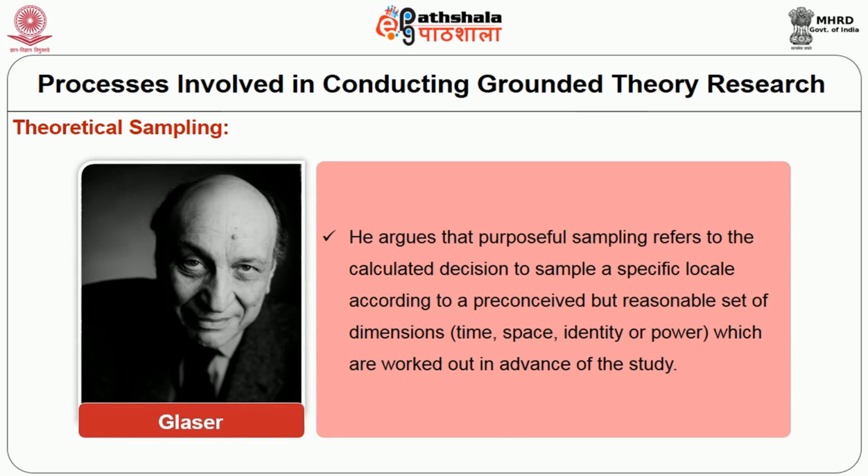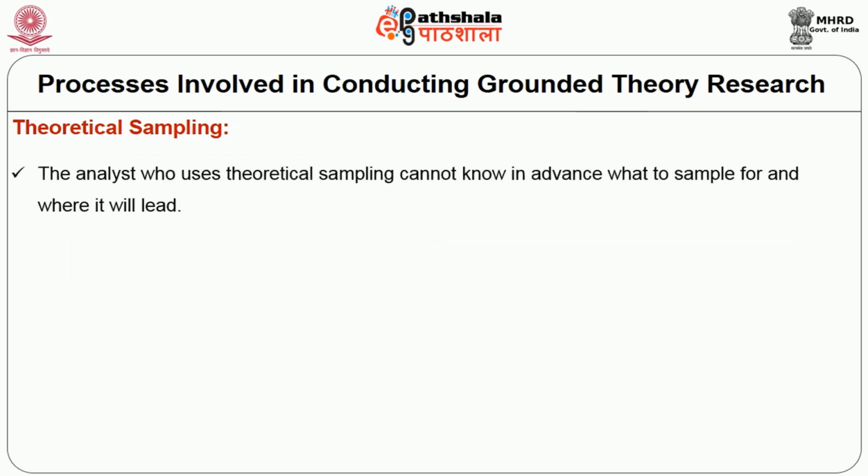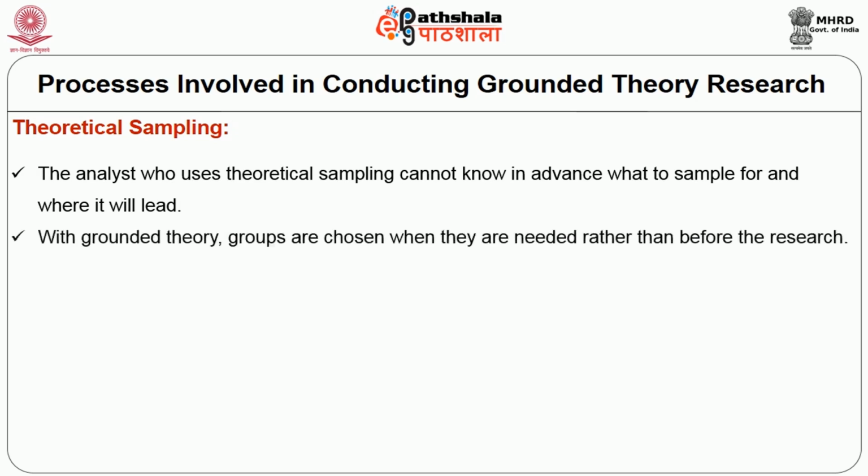Glaser argues that purposeful sampling refers to the calculated decisions to sample a specific locale according to a preconceived but reasonable set of dimensions, that is space, time, identity or power, which are worked out in advance of the study. The analyst who uses theoretical sampling cannot know in advance what to sample for and where it will lead. With grounded theory, groups are chosen when they are needed rather than before the research.